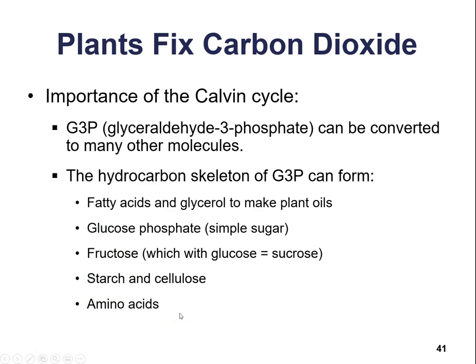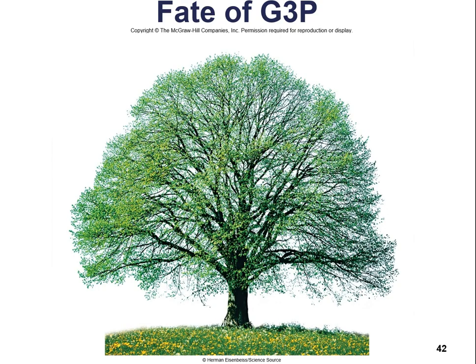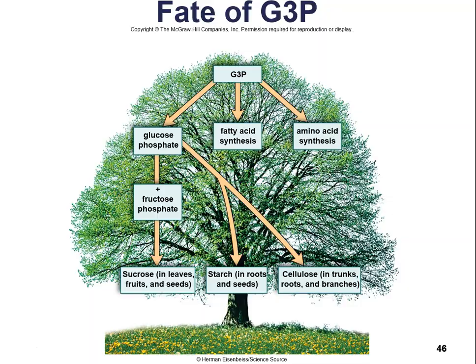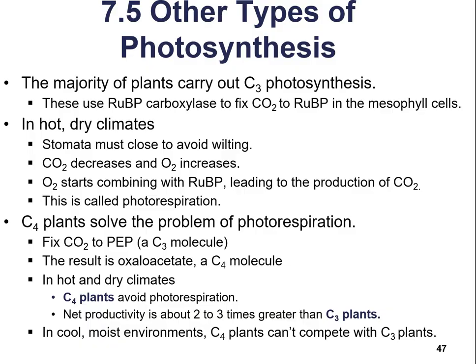So any biomolecules that are needed by that plant cell basically are derived from that G3P molecule, okay? So this is a little tree showing you that, right? Here's your G3P. It can produce any of these things, okay? It can produce glucose, fatty acids, amino acids, right? From the glucose then can produce more complex carbohydrates, okay? There you go.